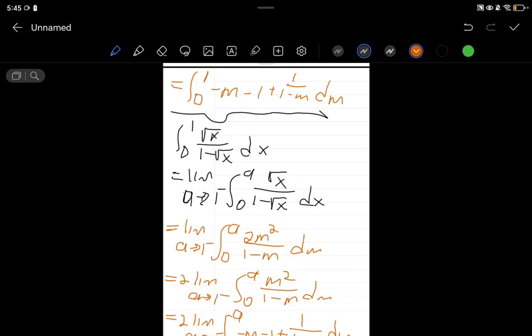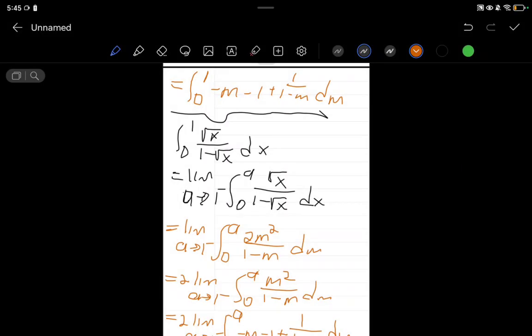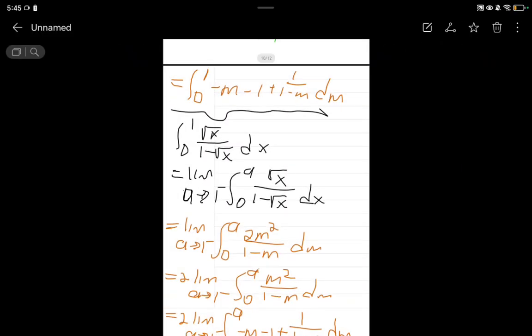Let me send a screenshot so you can see. So this one diverges. Now let's go back to those notes. Let's go back to these notes.